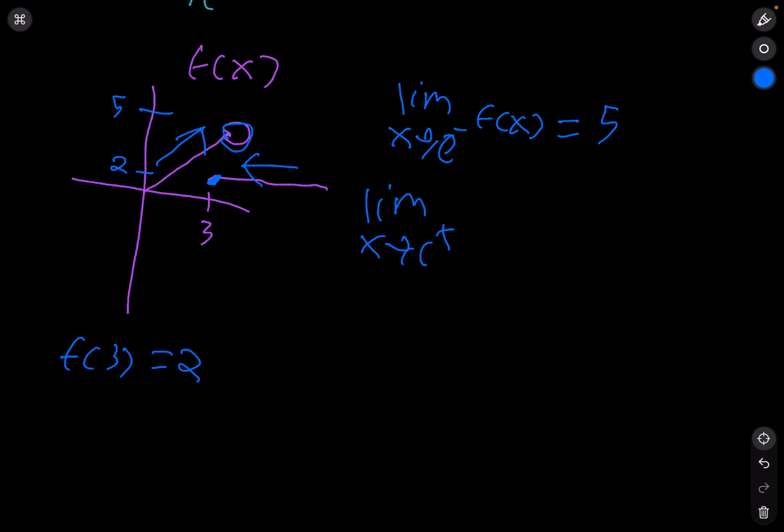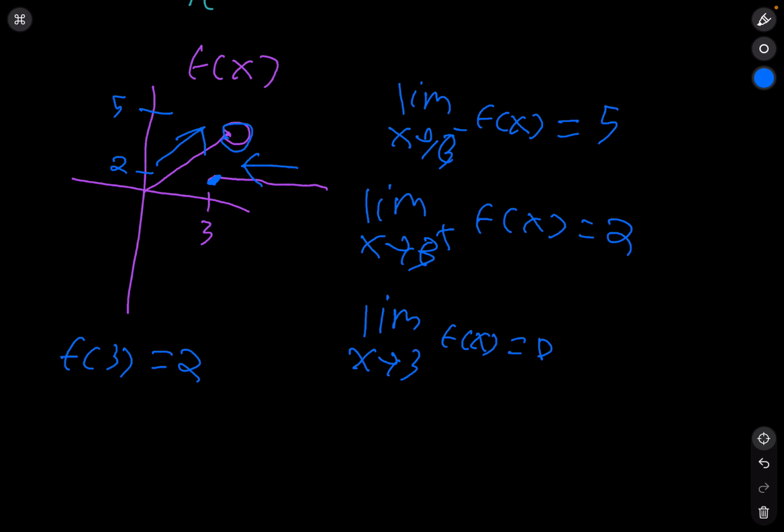I'm sorry, I put c, I should have put 3. Through this, you can see it visually and algebraically as well. We can safely assume that the limit as x approaches 3 of this function does not exist.